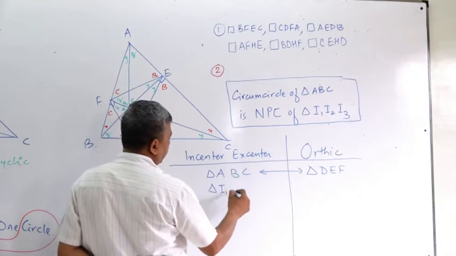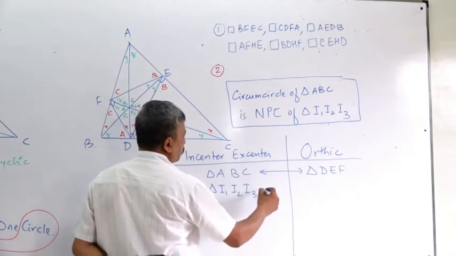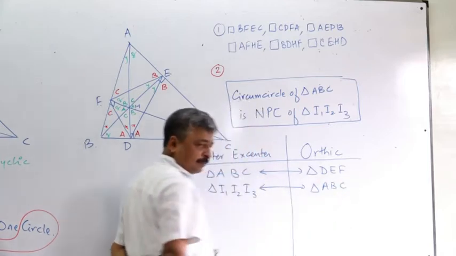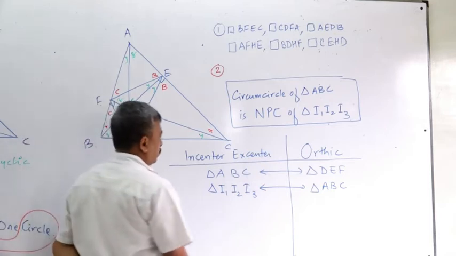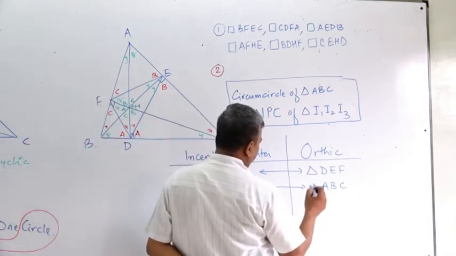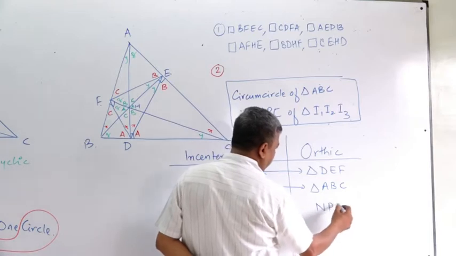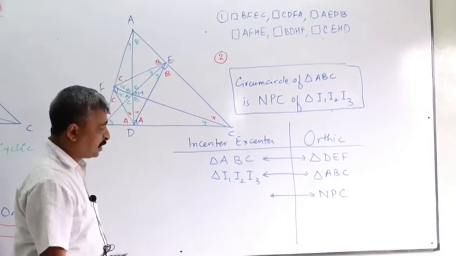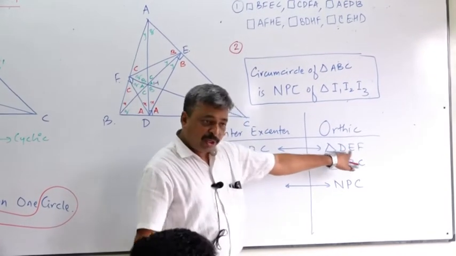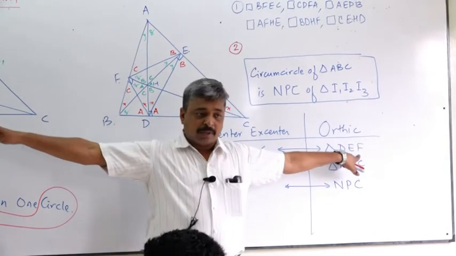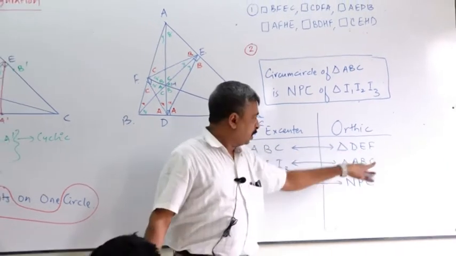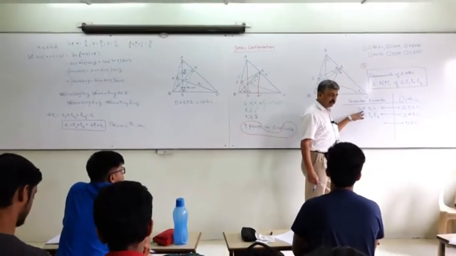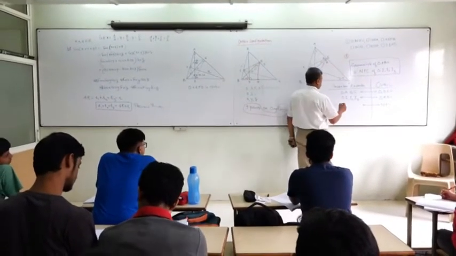Triangle I1, I2, I3 corresponds to triangle ABC in orthic. So, the 9-point circle in orthic is the circle passing through DEF. That is the 9-point circle. In in-center, excenter, it should correspond to the circle passing through ABC. So, circumcircle.